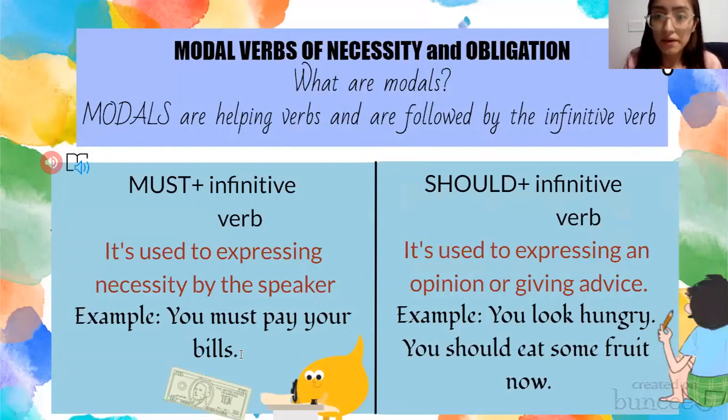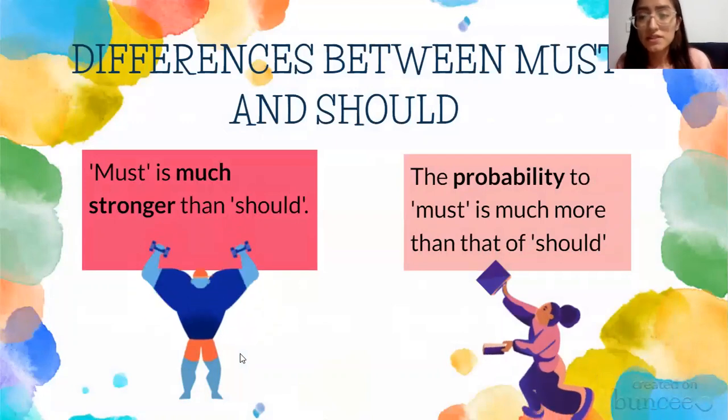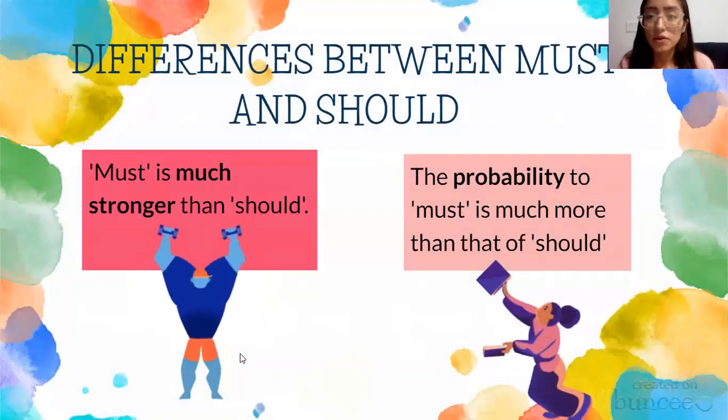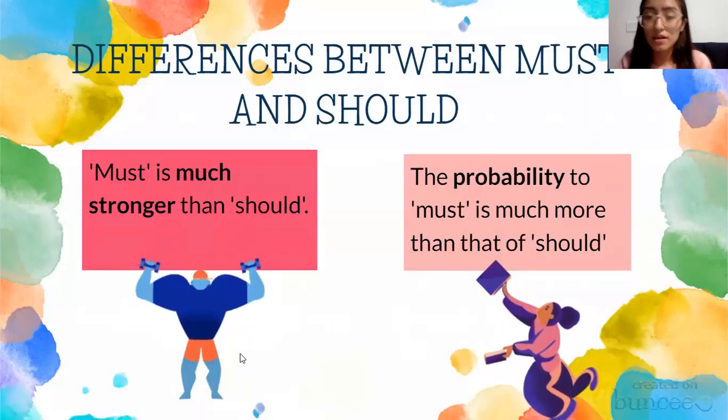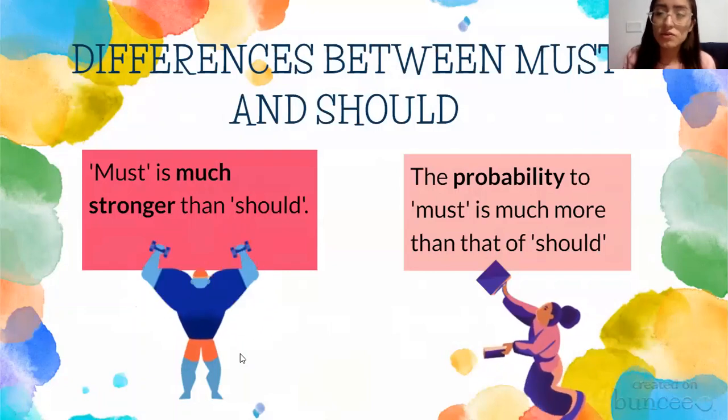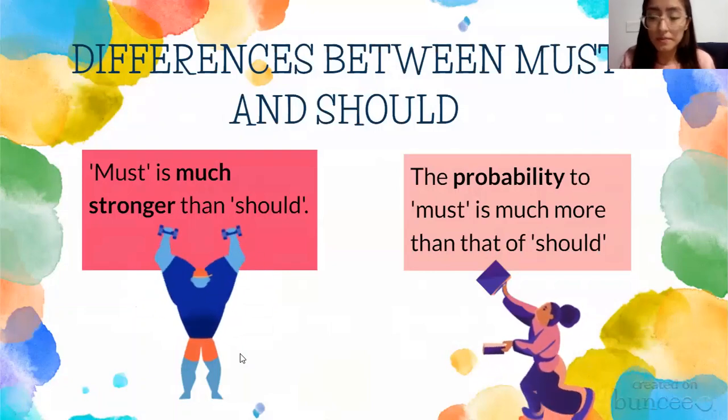It's necessary to pay because if you don't pay, you don't have internet. And internet is necessary to work, to study, or do a lot of things, okay? Another difference is that the probability with must is much higher than with should, okay? Because should is only used to give advice.